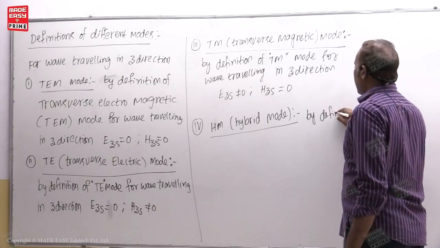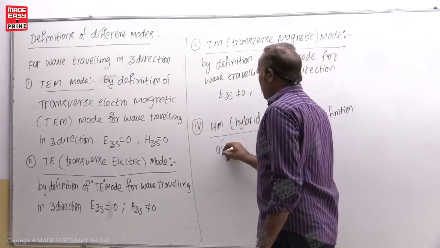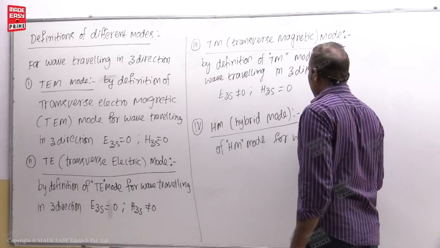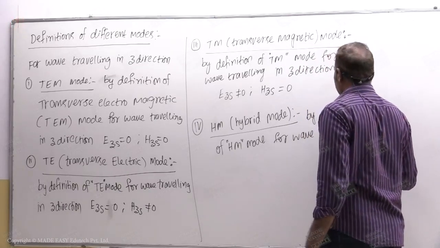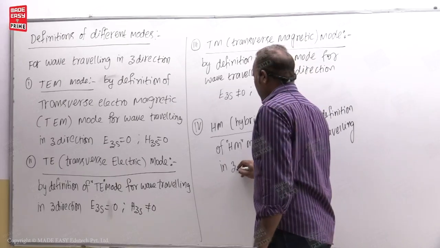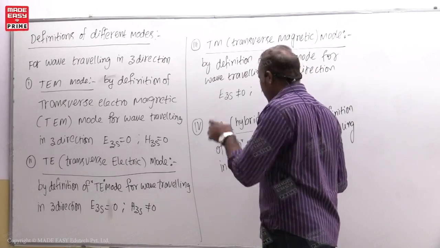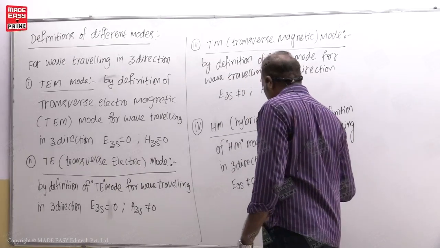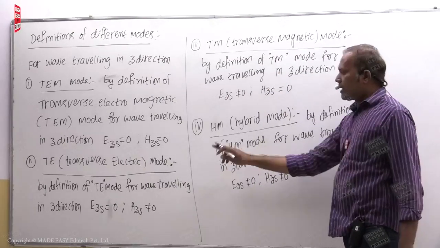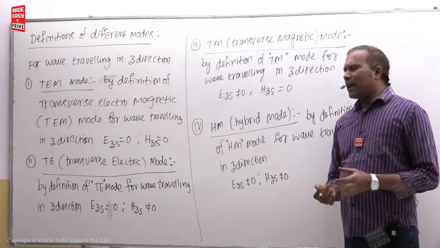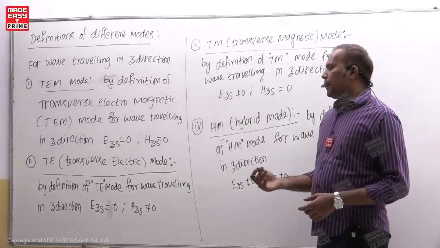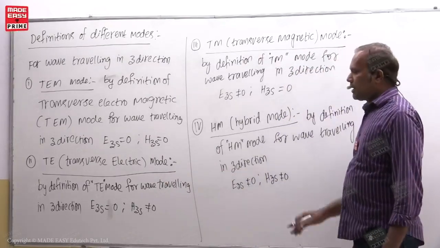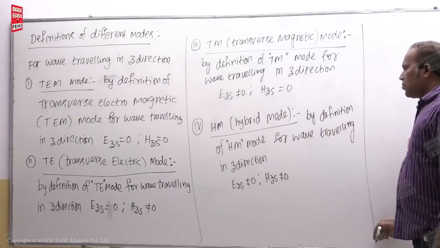So by definition of HM mode for a wave traveling in z direction, EzS not 0 and HzS also not 0. This is the combination of these two. But anyway, we are going to send the energy in the rectangular waveguide using TE modes only, because that has the lowest cutoff frequency. We will talk of that later on, students.